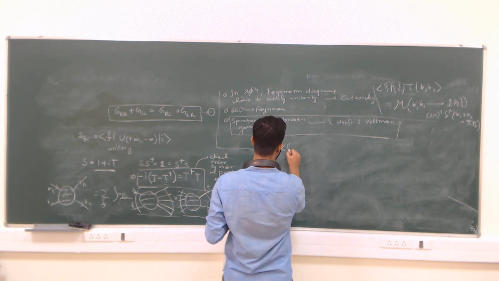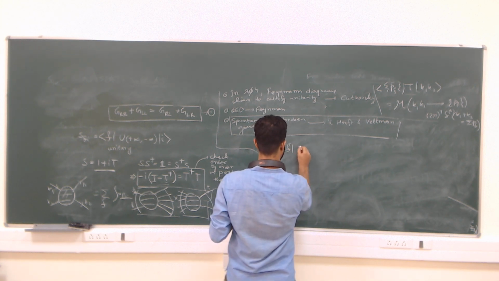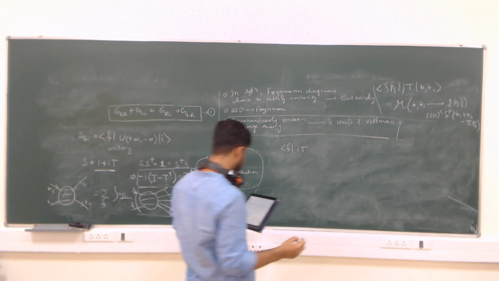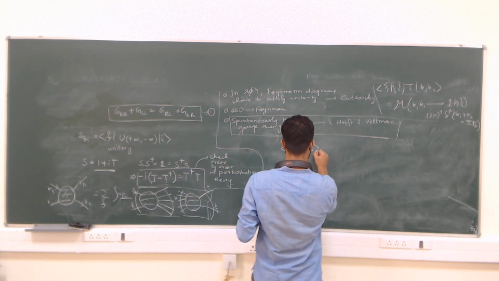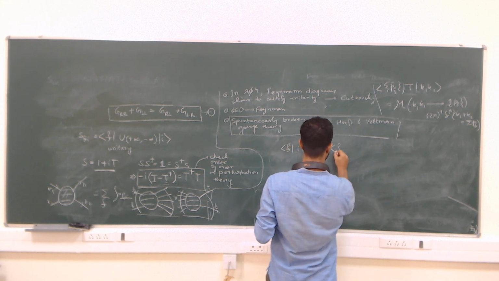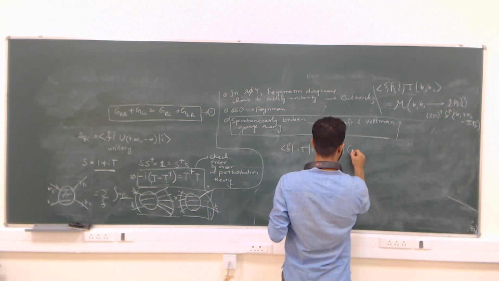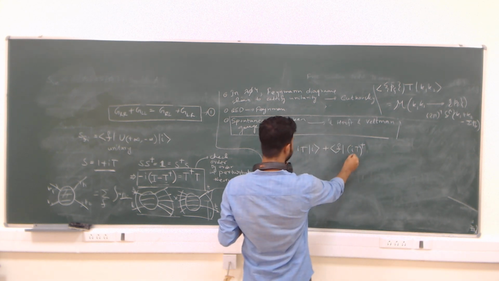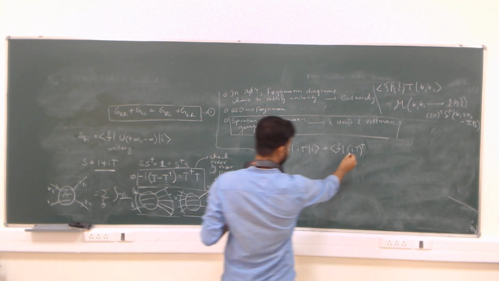So basically we get a simpler setting where I write this equation again, sandwiched between initial and final states. And then by the dagger I have already taken care of this minus sign here.